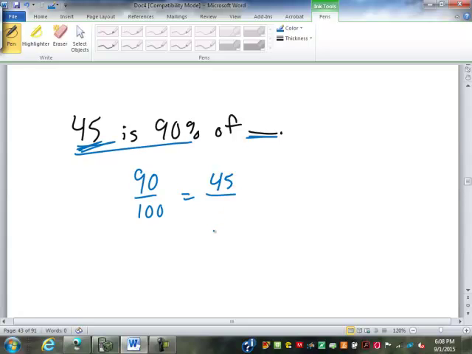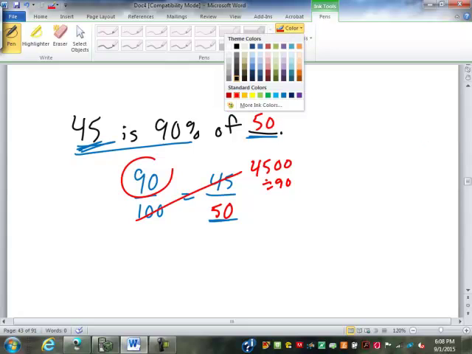So the 45 goes with the 90. The missing number goes on bottom. So 100 times 45 is 4,500, and divided by 90 is 50. So 45 is 90% of 50.